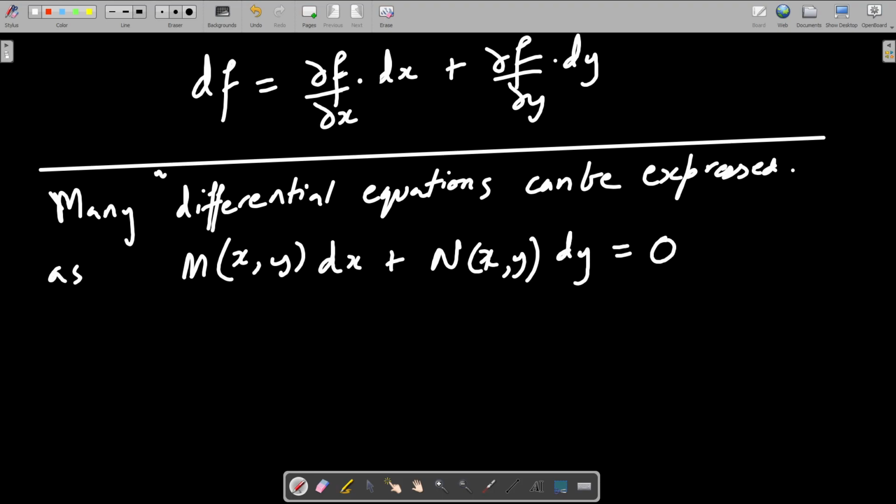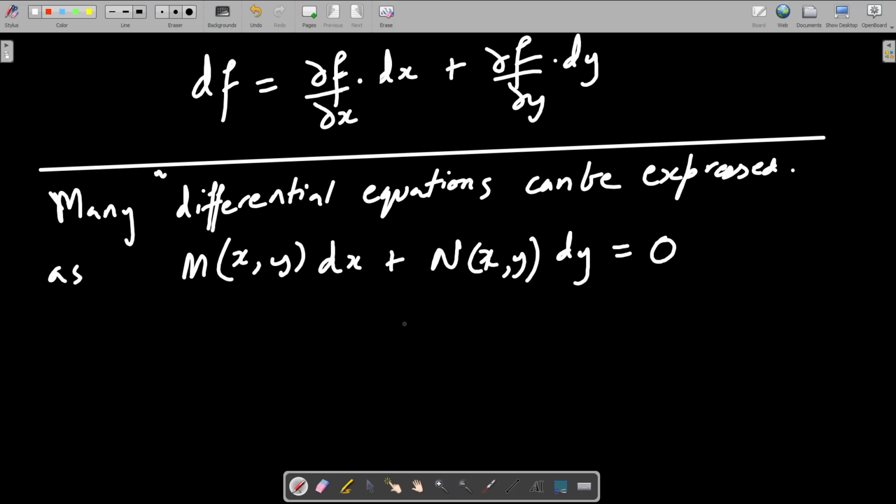We have seen this before. We've seen that differential equations can be written in this form. We have written also a couple of differential equations like this. M is a function of x and y, and N is a function of x and y.